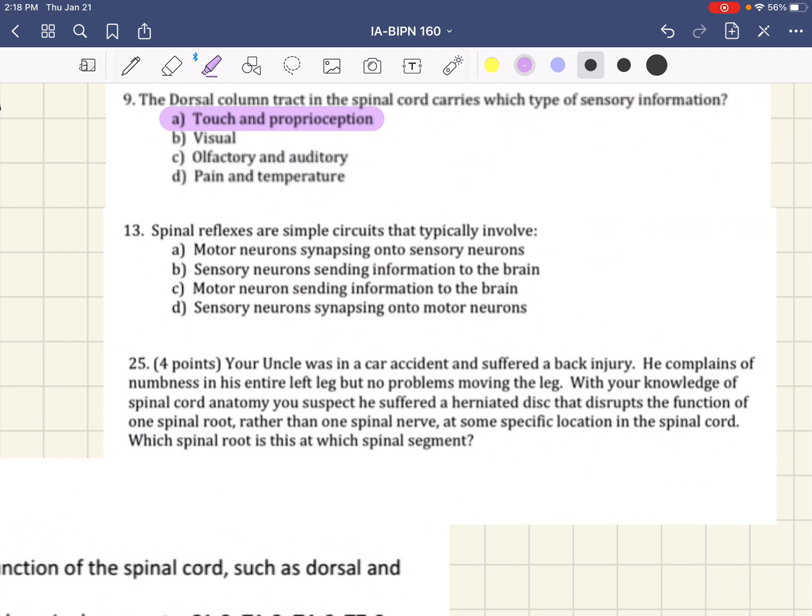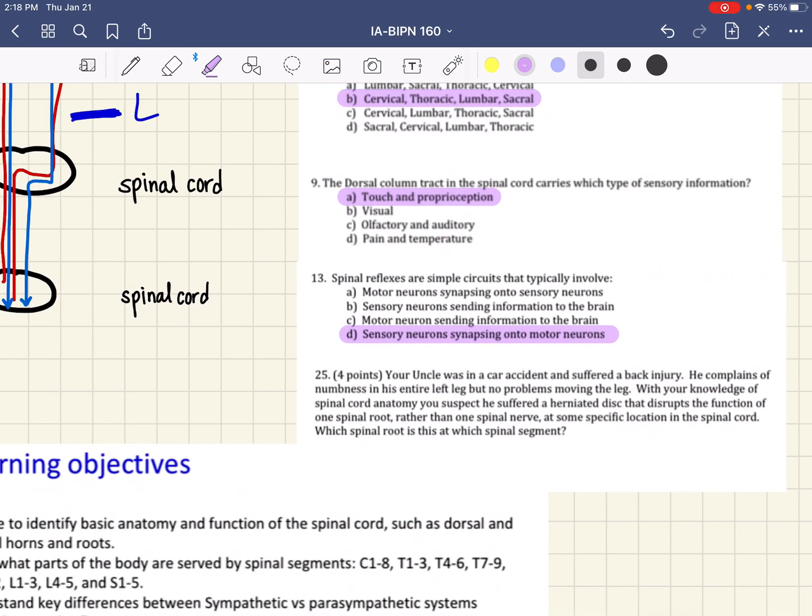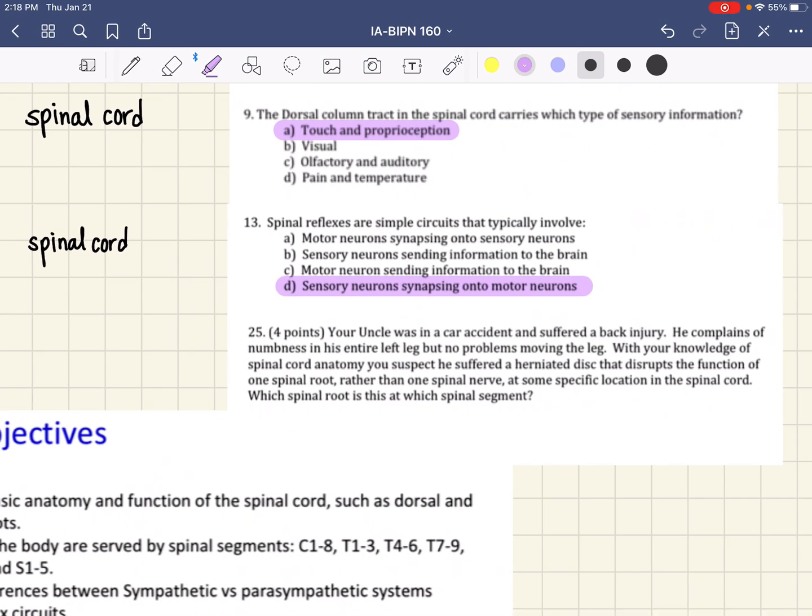The answer to this question would probably be sensory neurons synapsing onto motor neurons right here, because the big point about reflexes is that because it is a reflex, the sensory information doesn't travel all the way to your brain. It is just synapsed and resolved within your spinal cord.